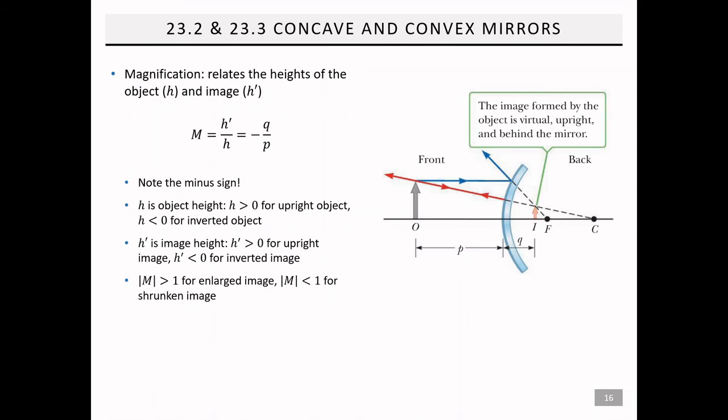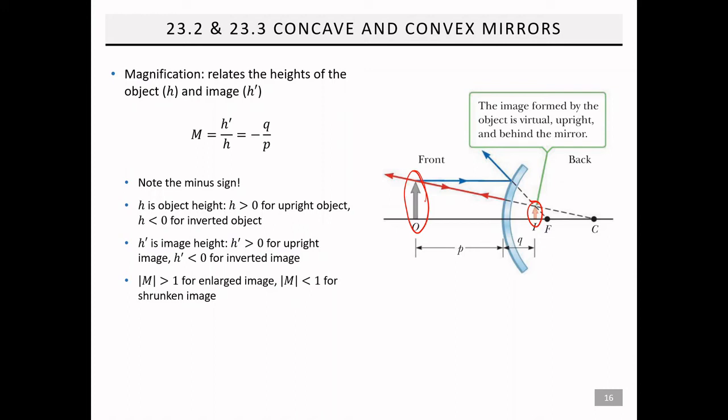You may have noticed in these ray diagrams that the image height is often not the same as the object height. If you've ever looked in a funhouse mirror, you've noticed this as well. Oftentimes, curved mirrors can magnify things, either make them larger or shrink them in size. So the magnification of a mirror relates the heights of the object and the image.